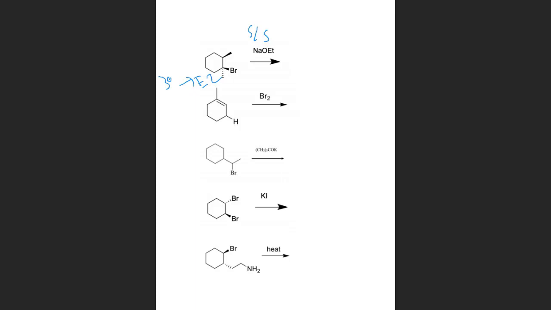Because of stereochemistry, we once again have to consider, are the bromine and the hydrogen anti-coplanar? Over here, there's a hydrogen on a dash. Because bromine is on a wedge and hydrogen is on a dash, we can now form this product with no problems. This is because bromine and hydrogen have opposite stereochemistry.